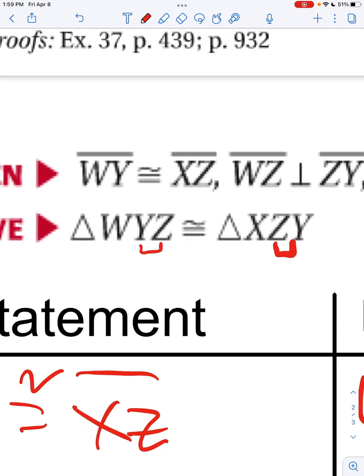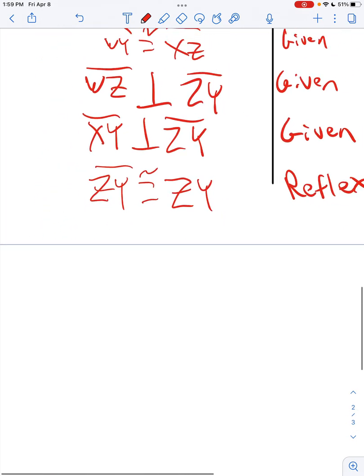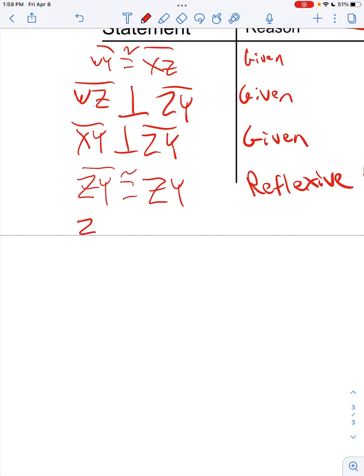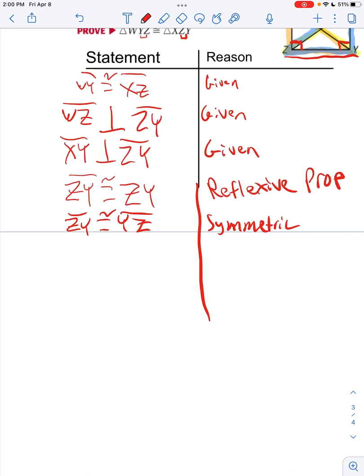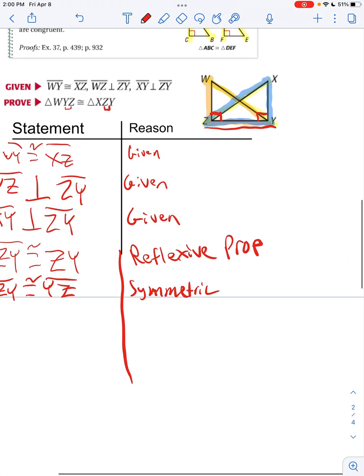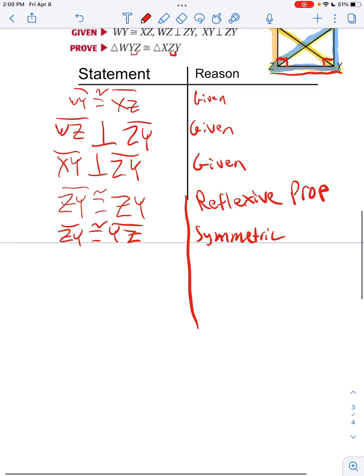And because the order is a little bit different here, I'm going to state that ZY is congruent to YZ. And if you remember, that is the symmetric property. The symmetric property tells us that we can switch that up and it's still going to be the same.